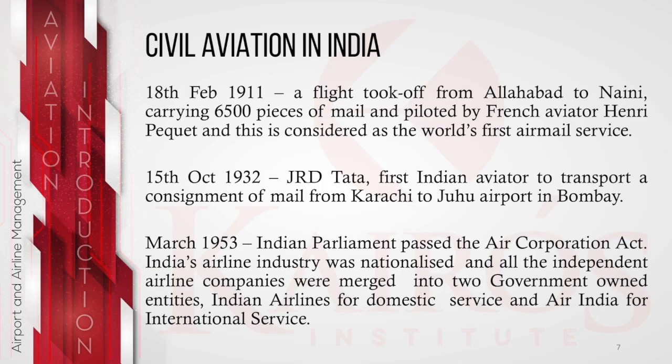India's airline industry was nationalized, and the 8 domestic airlines operating independently at that time were merged into 2 government-owned entities. Indian Airlines focused on domestic routes and Air India on international services.